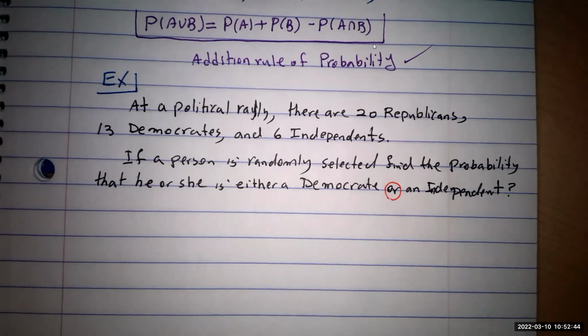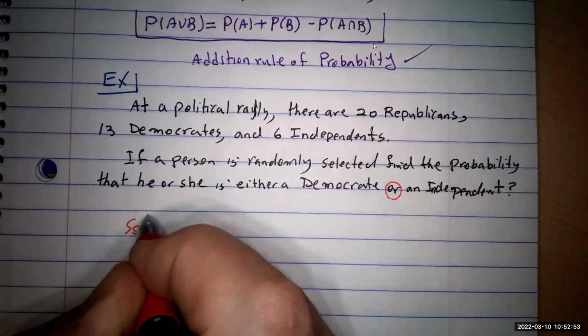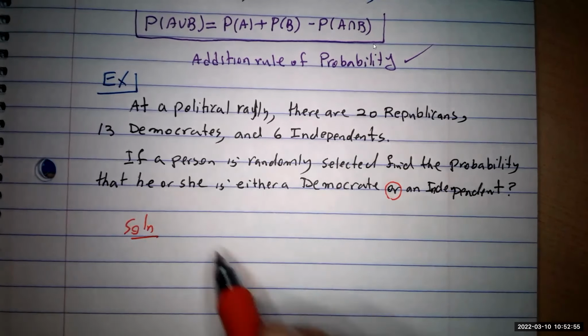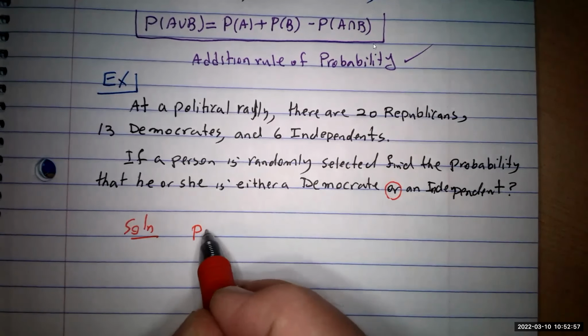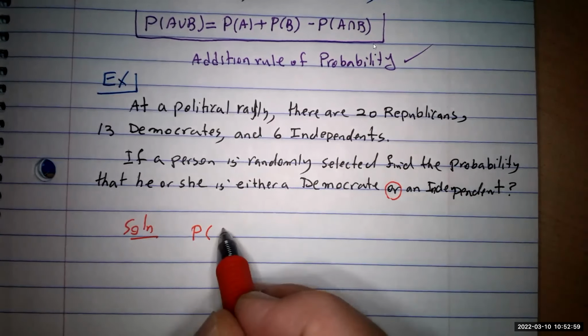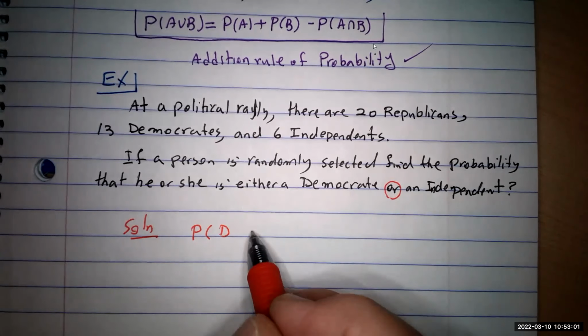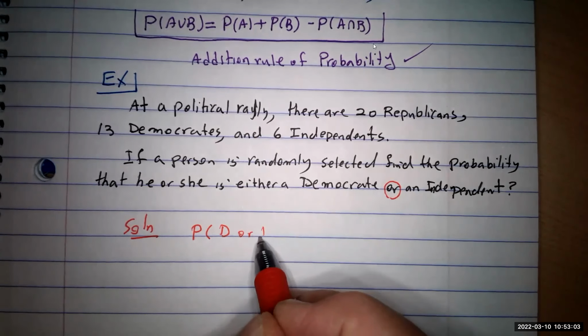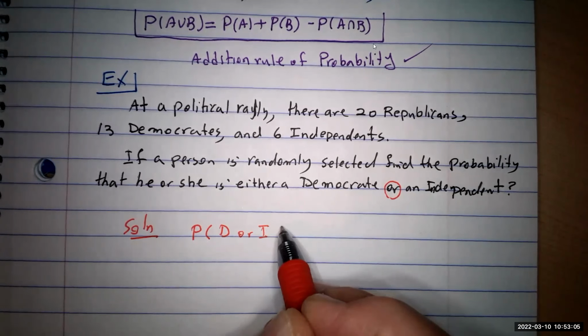Which formula are you going to use? In symbolic form, you can use A or B if you like, but you are interested in what? The probability that the person is going to be a Democrat or independent.